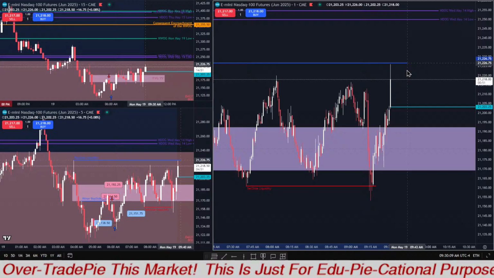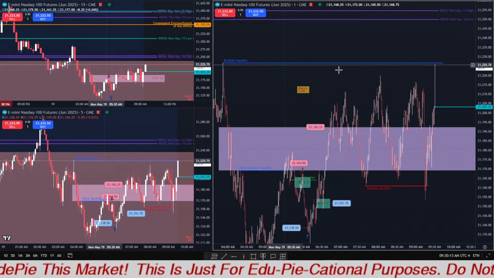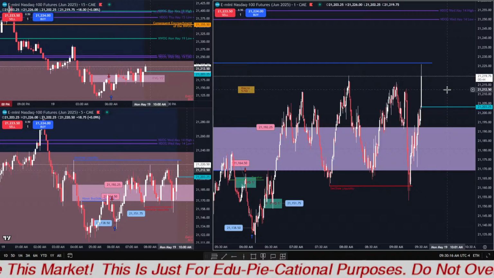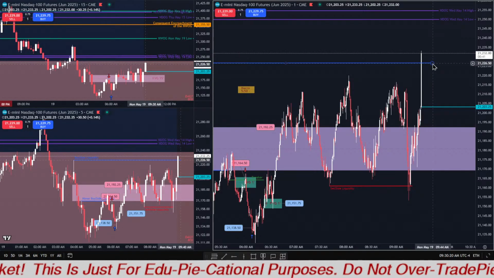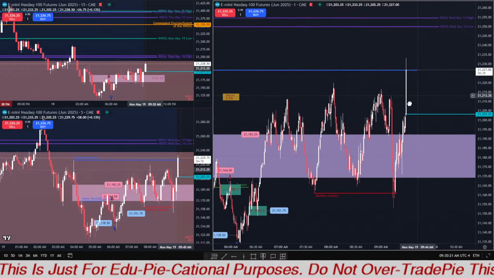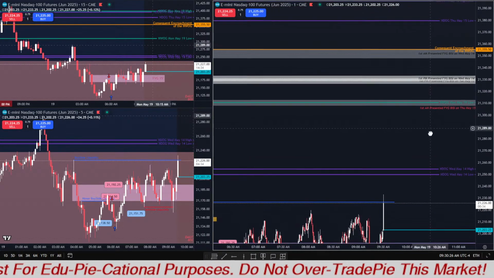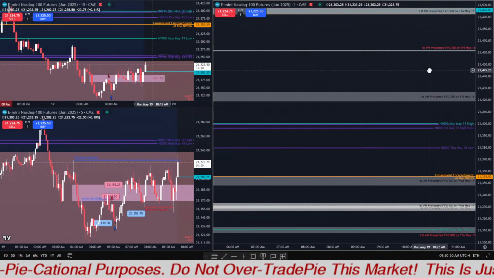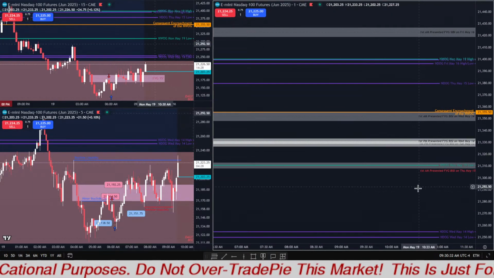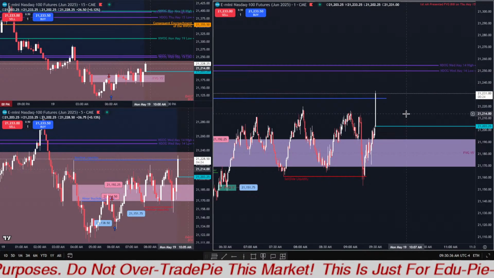This is the buy side liquidity I was mentioning from this high, and we just fell short of touching it. Okay, right now we touched the buy side liquidity, and we have a very big and huge opening range gap, something around 300.